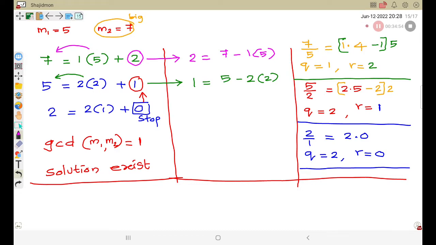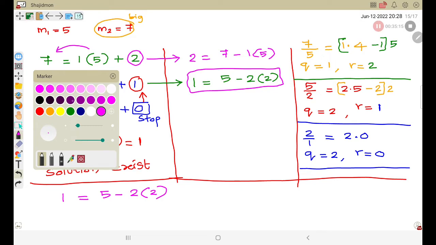Okay. Now we need to write the linear combination, because here we have two steps. So starting from the one step here. 1 equal to 5 minus 2 multiply 2.